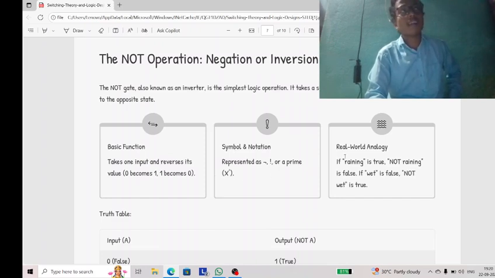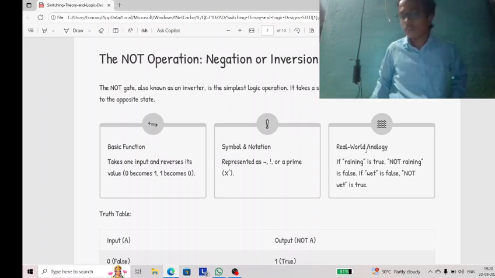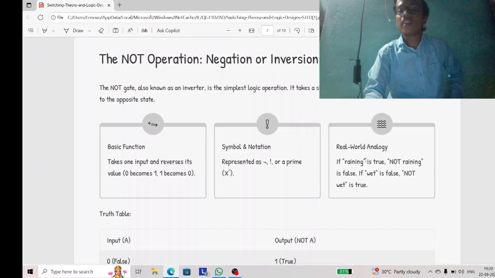And the third is a real world analogy. If raining is true, not raining is false. If wet is false, not wet is true. It is one of the real world analogies based on the NOT operation.